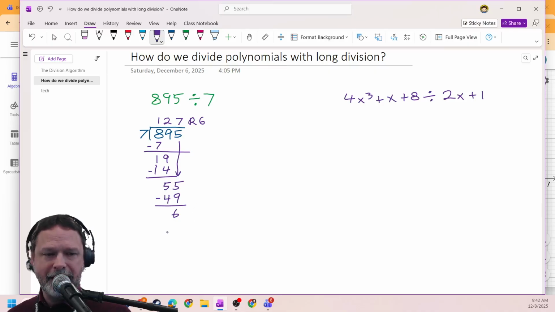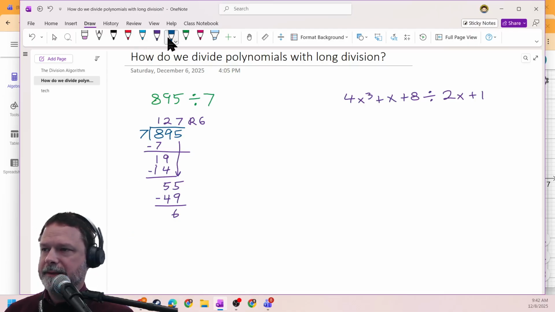Or we can say a couple of things. Instead of remainder 6, we could have said 895 divided by 7 equals 127 and 6/7.